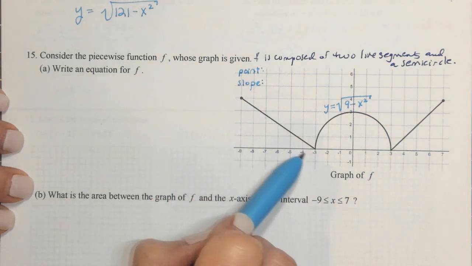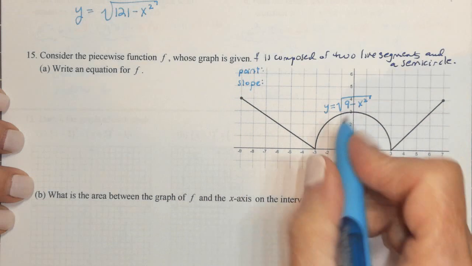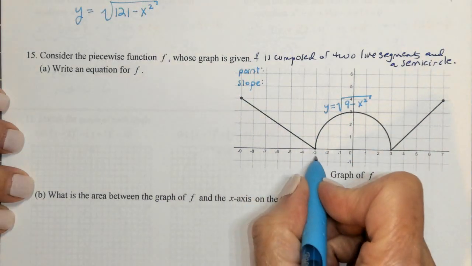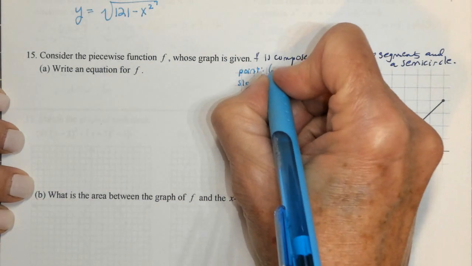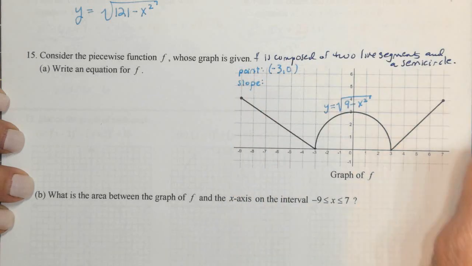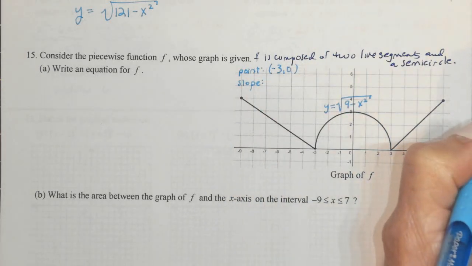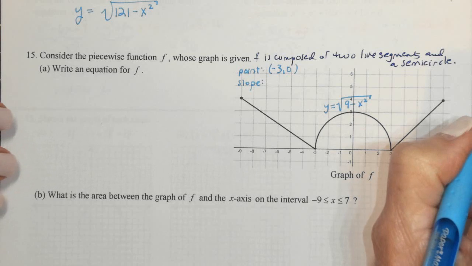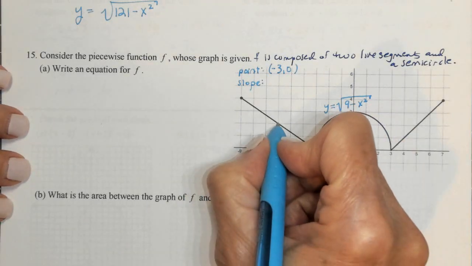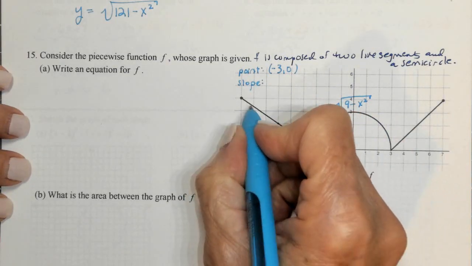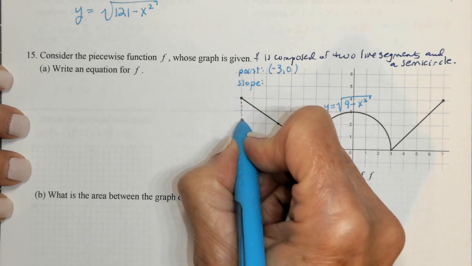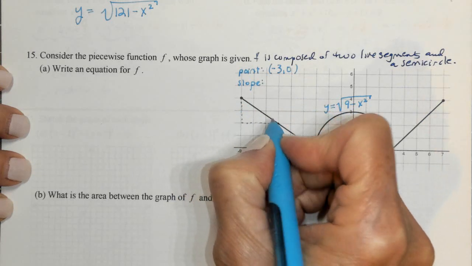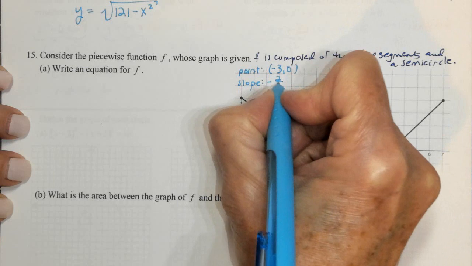The easiest one, I think, will be this point right here, negative 3, 0. So I'm going to pick negative 3, 0. I like to have 0 involved, so that will definitely be the easiest one. Now for the slope. This point is right on the line, so we go down 2 over 3. So the slope is negative 2 over 3.